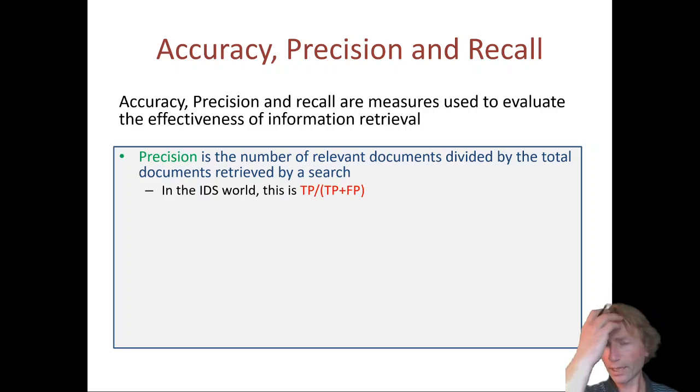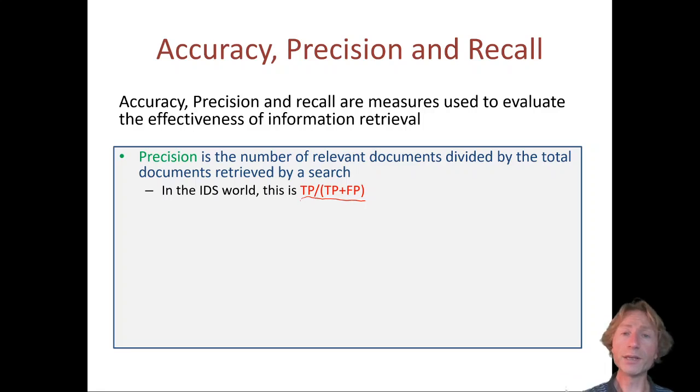And we speak of precision as meaning the number of relevant things divided by the total things in a search. Okay, so in an intrusion detection system, the precision is the number of true positives divided by the number of true positives plus the number of false positives.